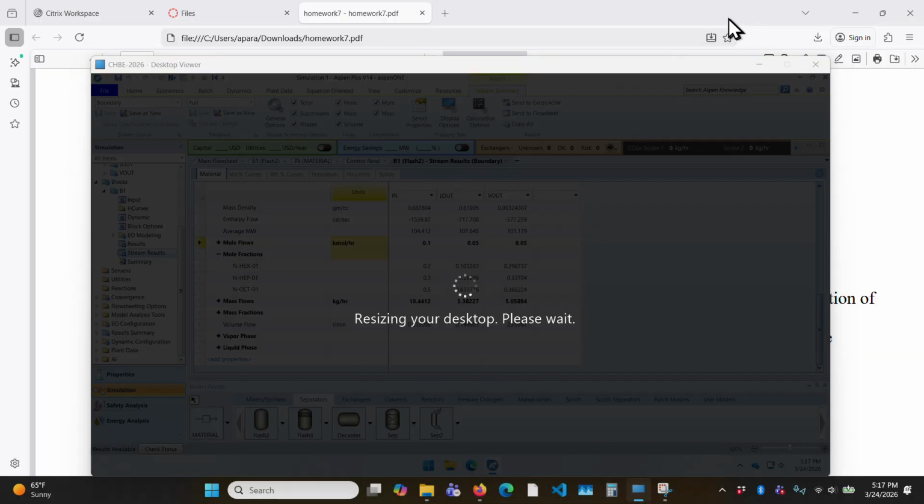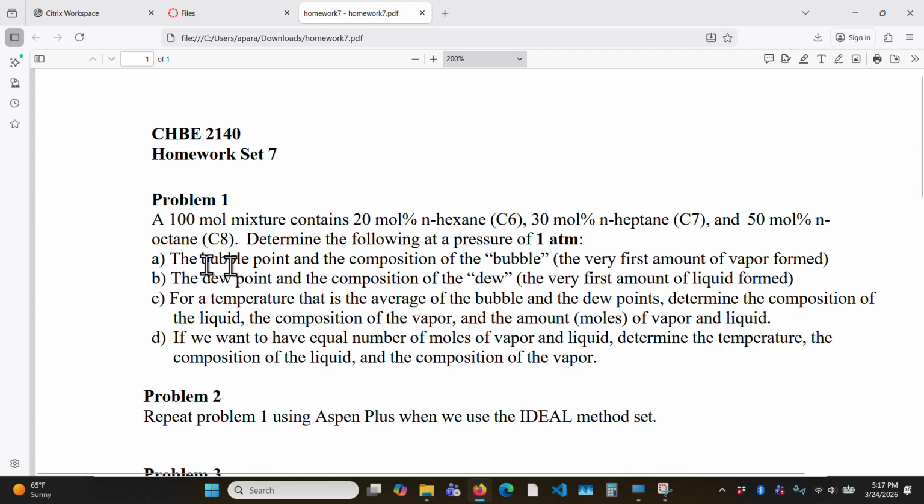Let's take a quick look at the homework assignment. Okay, we calculated the bubble point. That was about 99. And the composition of the very first vapor formed, that was the mole fractions given in the stream table. The dew point was when you had mostly vapor output and very little liquid, and you can get the composition of the liquid at the dew point from the stream data.